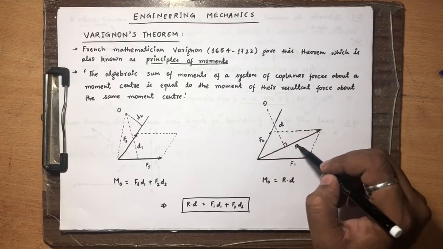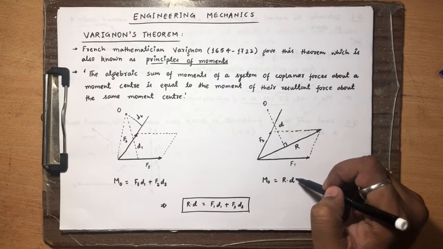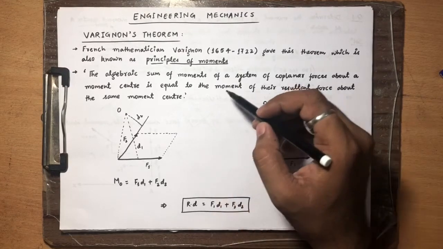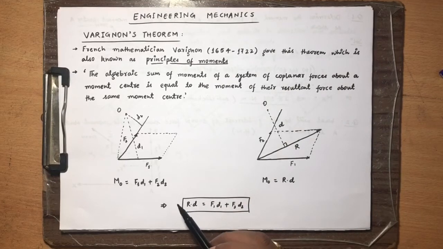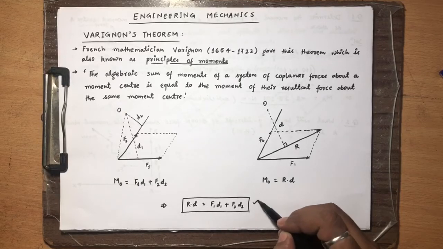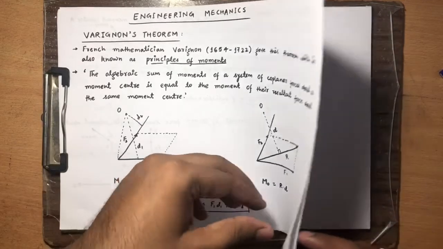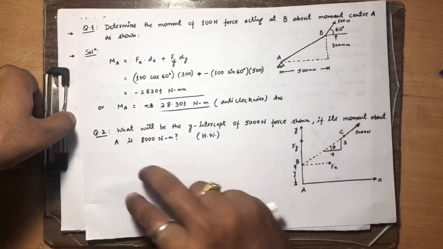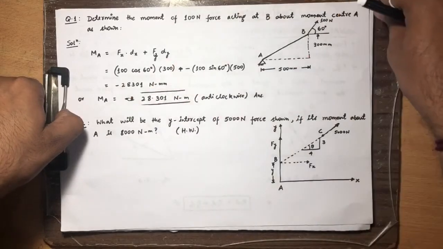What will be the moment of R about O? R into d. As stated by Varignon, these two terms must be equal. So F1 d1 plus F2 d2 will equal R into d. I hope you got this. Let us now move ahead and solve one question so that more clarity will come regarding Varignon's theorem.